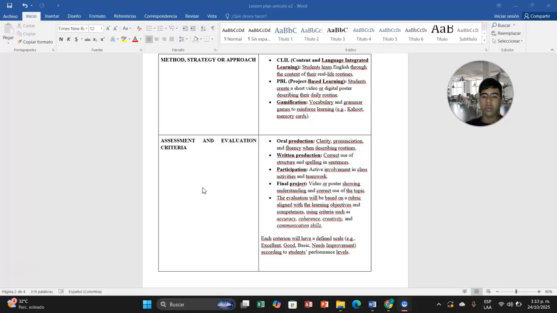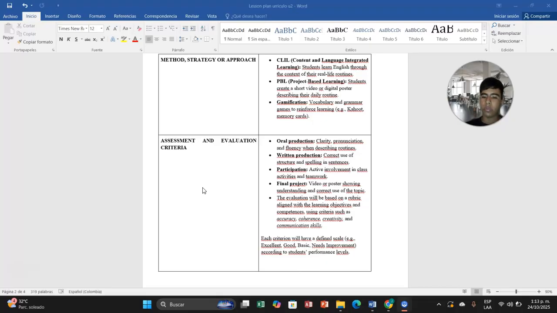Writing production: correct use of structures and spelling in sentences. Participation: active involvement in class activities and teamwork. Final project: students will make a video or poster showing understanding and correct use of the topic.